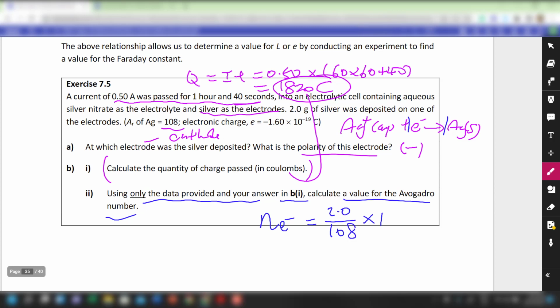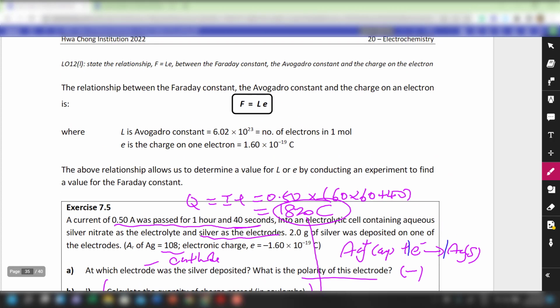I'm not sure whether it is 108 or 107.9 in your notes, but it doesn't really matter as long as you are on the right track. Then you should get 0.01852 moles.